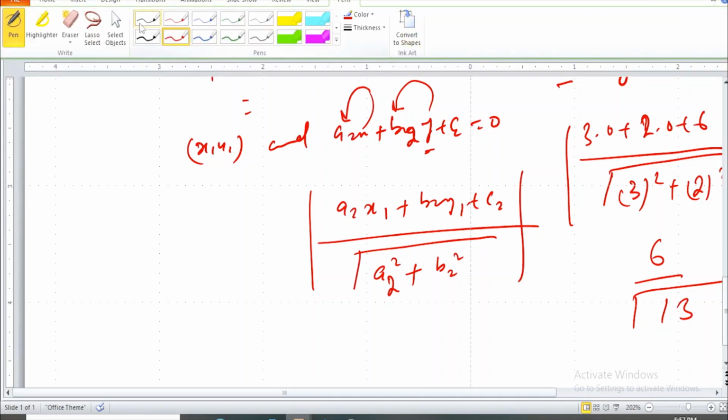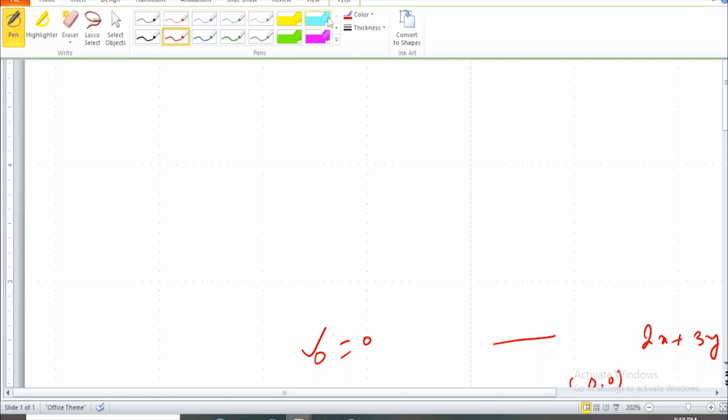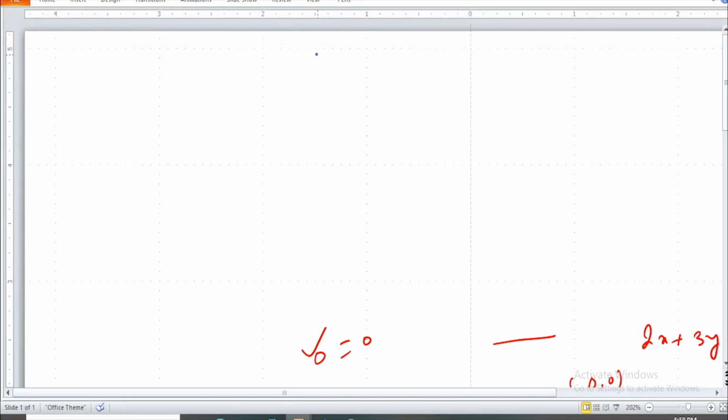Proceed further. What is the distance between two parallel lines? Suppose we have two parallel lines, and the question is what is the distance between them.